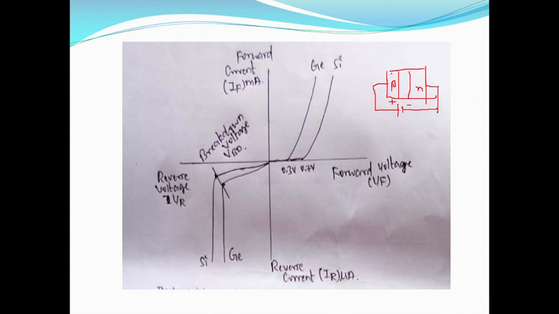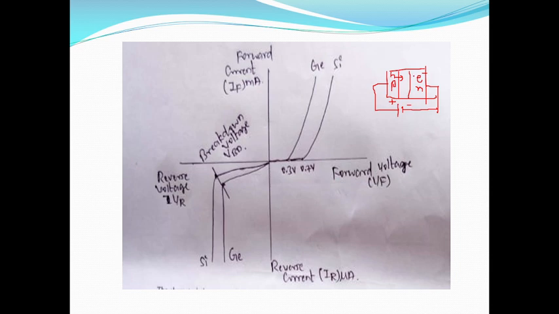Now what are the majority charge carriers in P-type? Holes, and the majority charge carriers in N-type are electrons. Holes carry positive charge, and here the positive terminal is connected to the P-type, so they repel each other and these holes will be moving towards the junction.